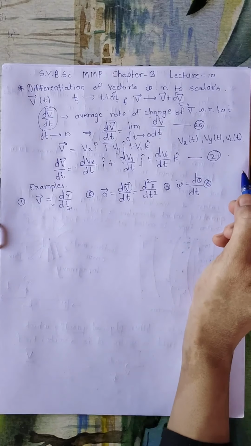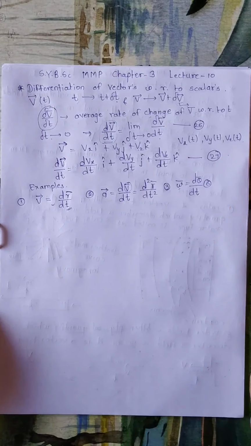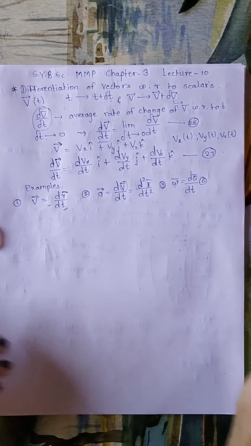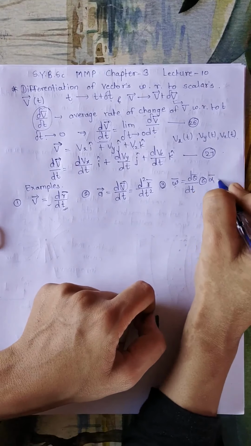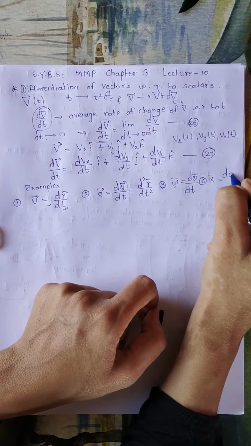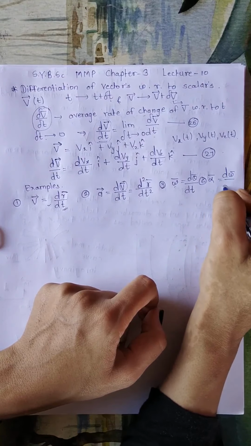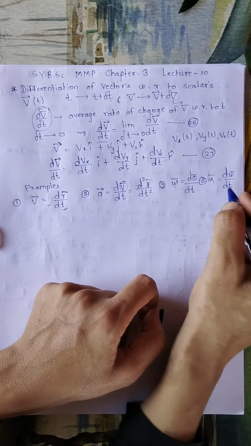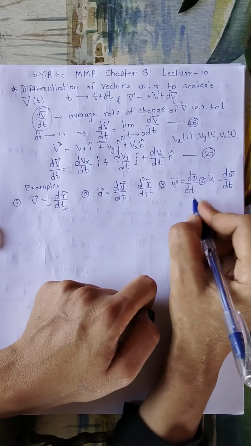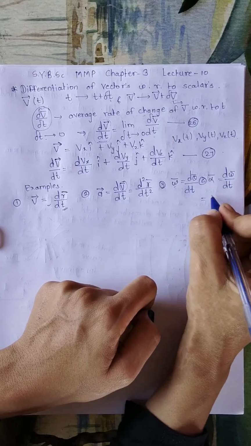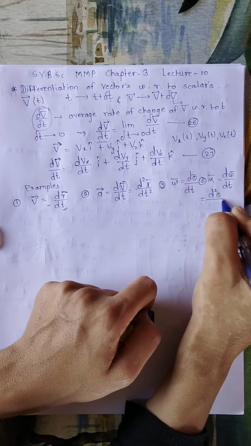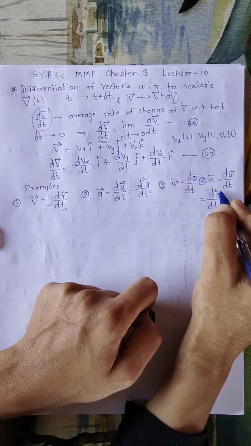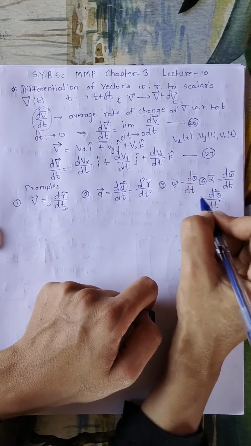Now from this angular velocity we can also find angular acceleration. Angular acceleration is given by alpha bar, and it is the rate of change of angular velocity with respect to time. Here again omega is d theta upon dt, so we get d square theta bar upon dt square.